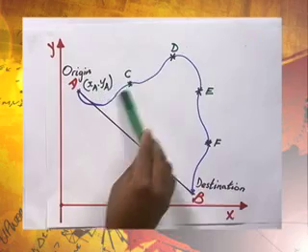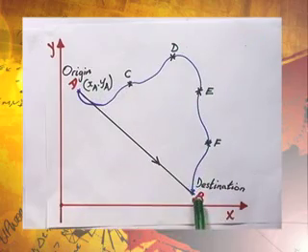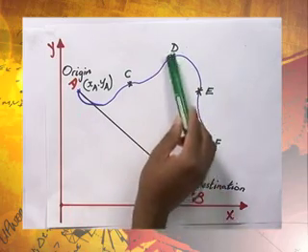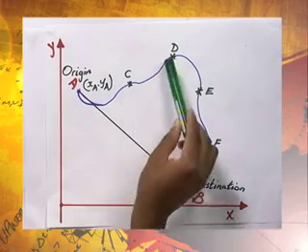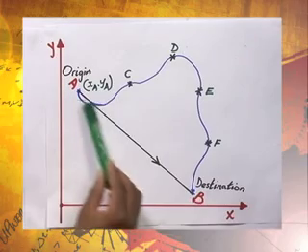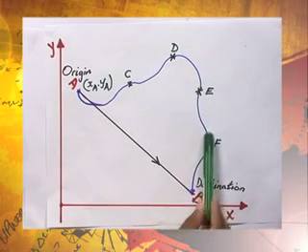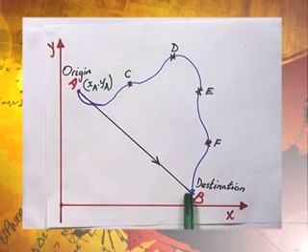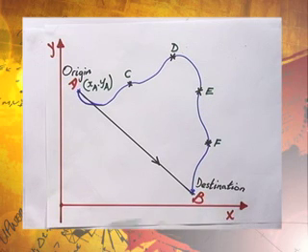But when an object is moving, its position is changing over time. So as the position changes over time, at different time intervals, the object is at different positions. These can be seen as a position graph, a position versus time graph.